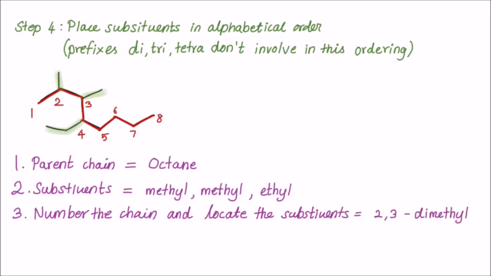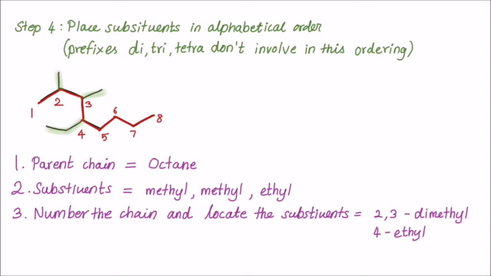Now the name of the first substituent is 2,3-dimethyl because the methyl group appeared twice on the parent chain. And the second substituent is called 4-ethyl since it has 2 carbon atoms and is located on the 4th carbon of the parent chain.